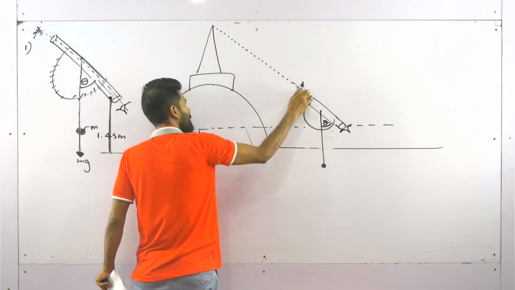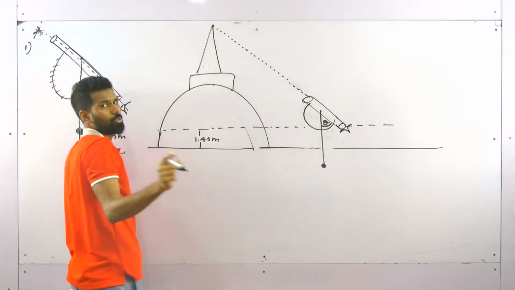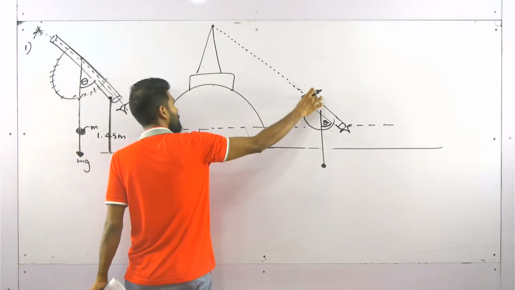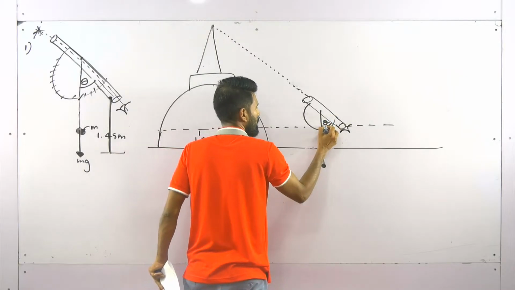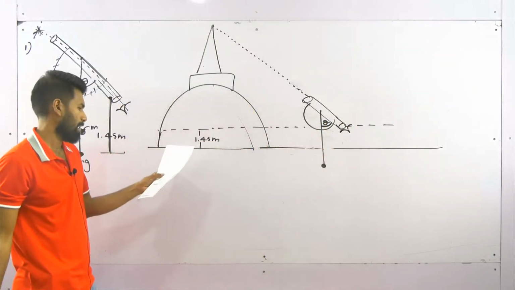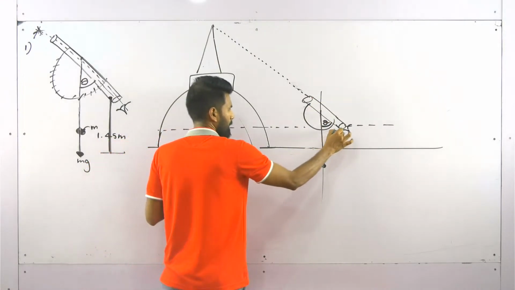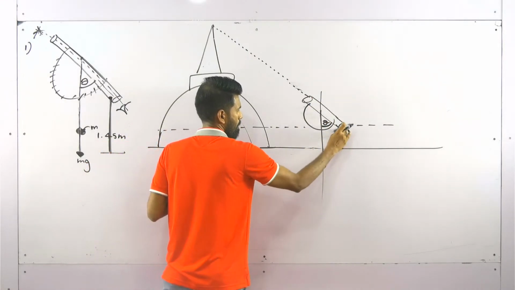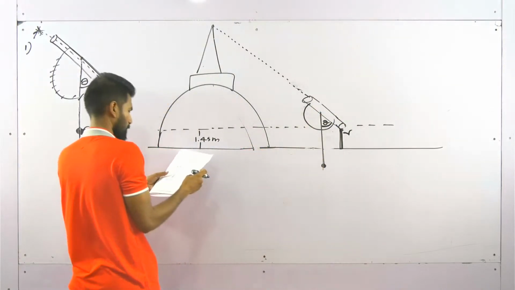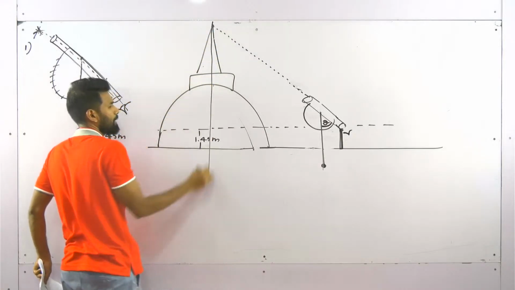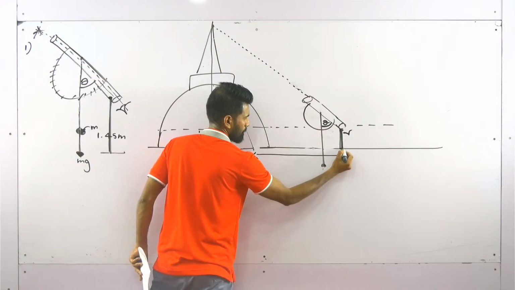Through the inclinometer, you can focus on the top of the dagger, this point, and take the angle here. And from the center of the dagger, you have a distance x.